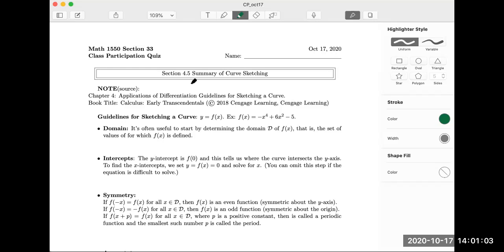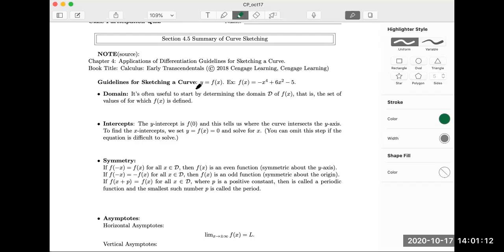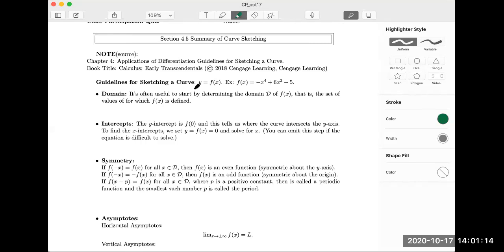So, this is a summary. First, we need to find the domain of the function, where it is defined. Okay? For example, if this is the function we have studied together before, the domain of this guy is the whole real line, right?